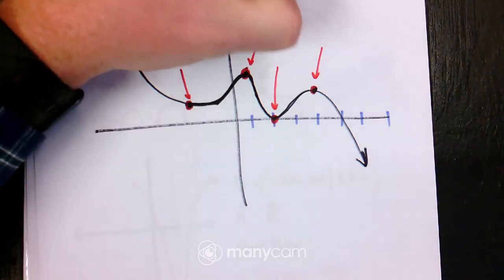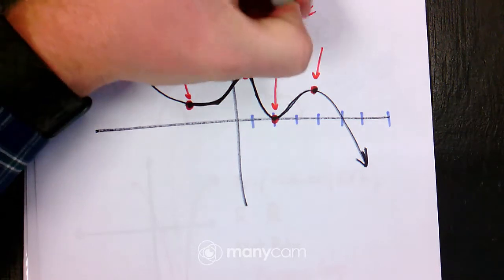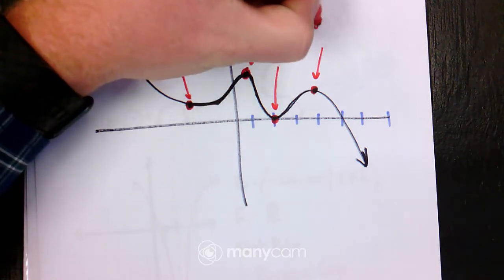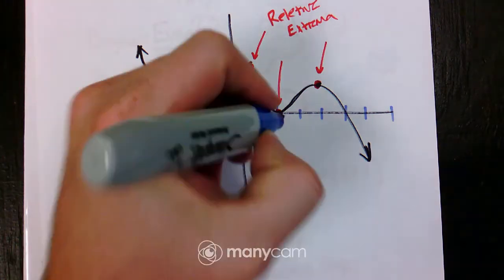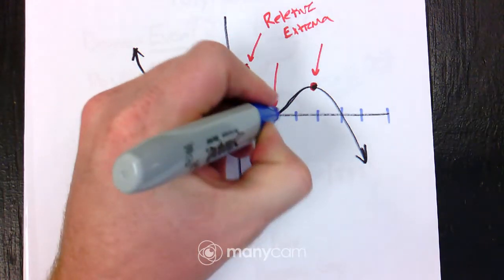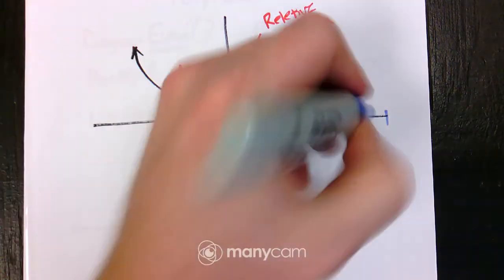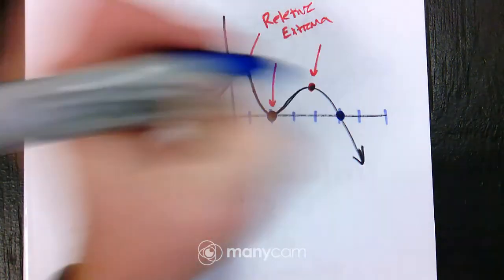Okay, meaning those are all my minimum and maximums of all my curves. Then, when I talk about my zeros, where does my graph cross the x-axis? Right here it touches it, but it crosses it here, so these are my two zeros.